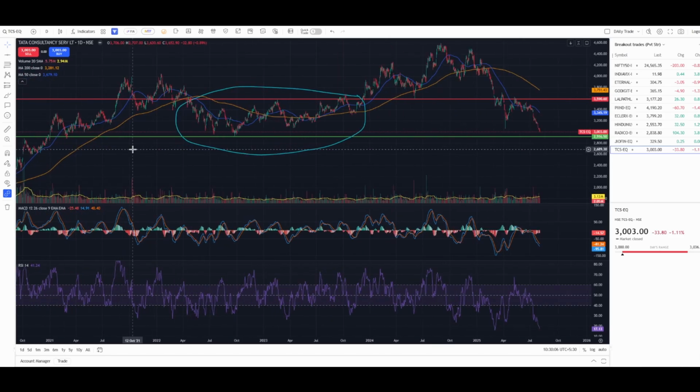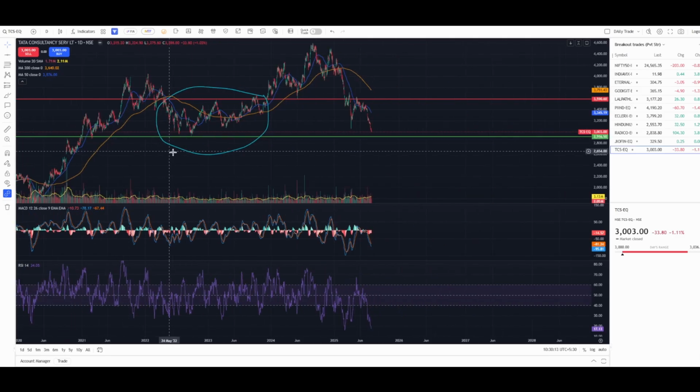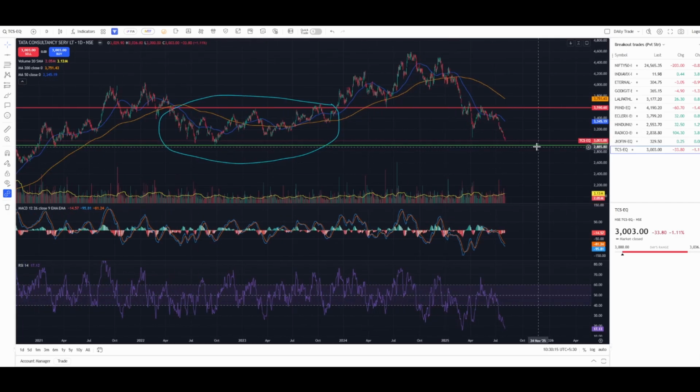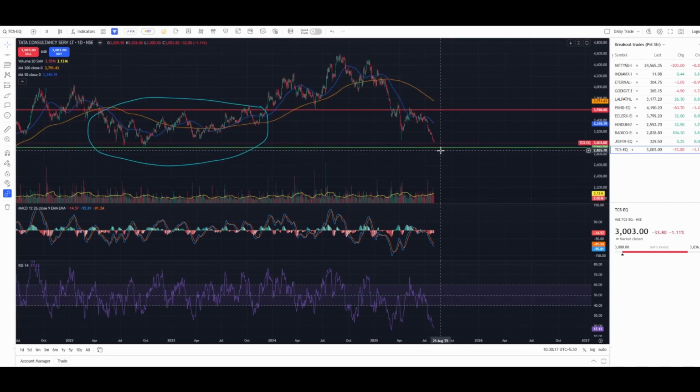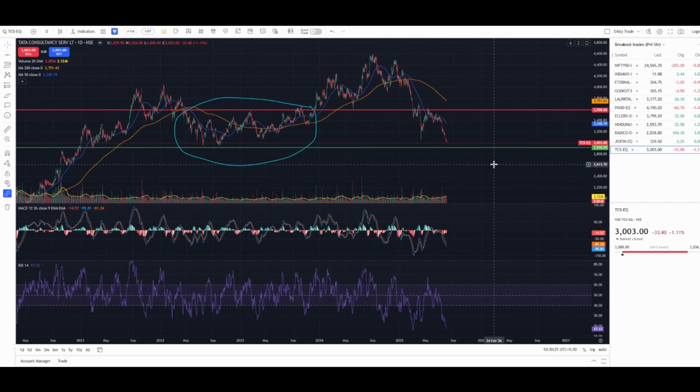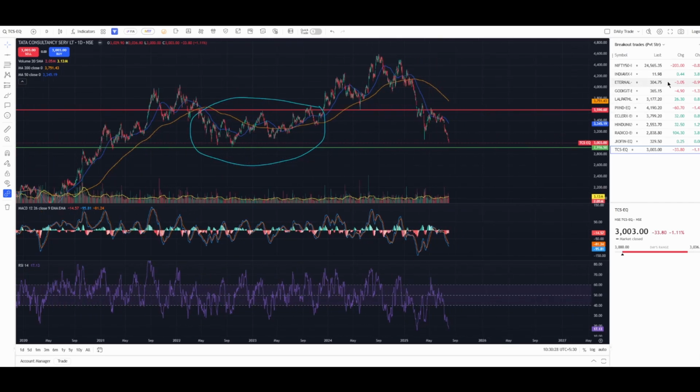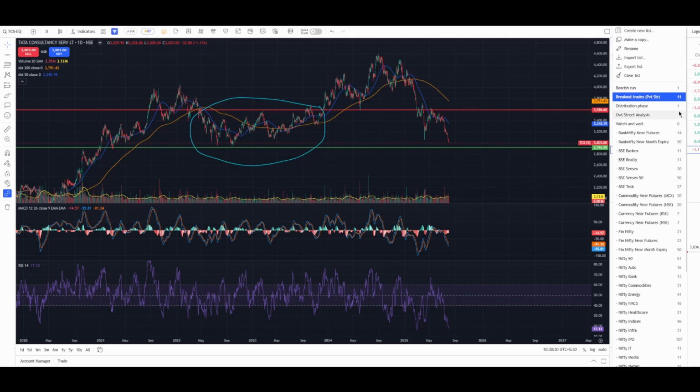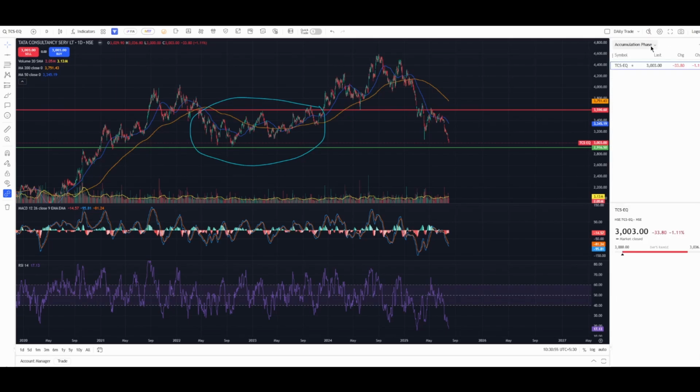Buying opportunity for TCS. But again, I think I should wait for the price to touch here, do something, show us some signs, and then we are going to discuss this. Cool. Okay, that's it for today.